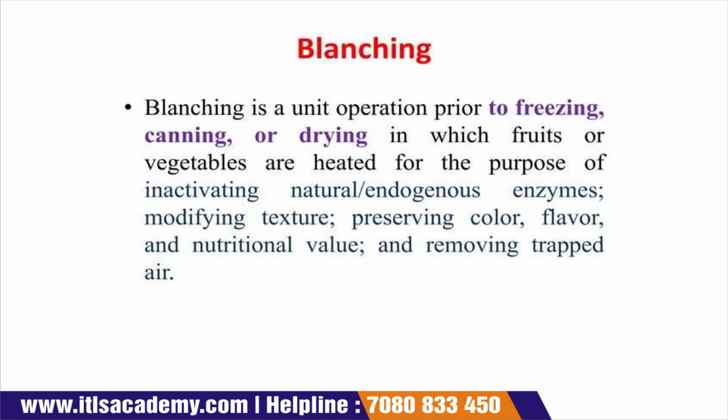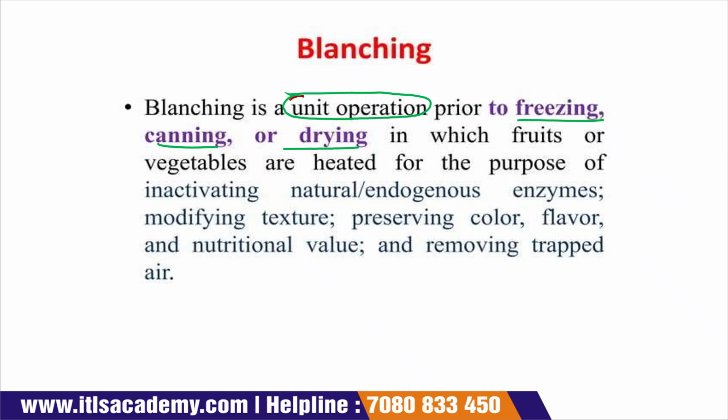Let's start the lecture. Blanching is a unit operation. Simply, what is this blanching? It is a unit operation which we do during the processing of the food product, like freezing, canning, or drying. If we do blanching before freezing, canning, or drying, then that process becomes more effective.